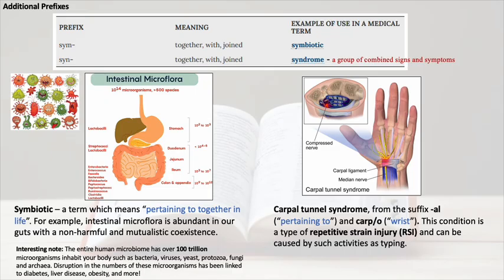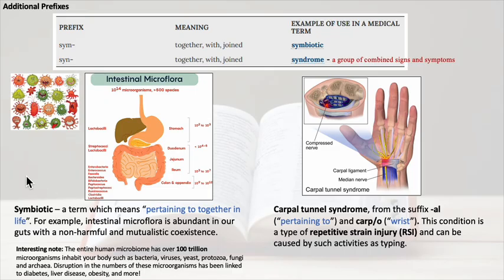So sim is often used before labial consonants, so that's the consonants B, M, and P. Example with symbiotic or symbiosis. And sin is often used before other letters. So synergy, synthesis.